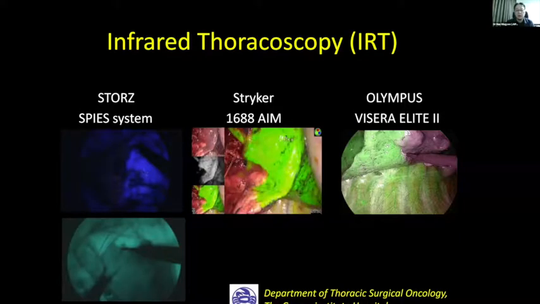There are some companies that produce infrared thoracoscopes: Storz, Spies system, Stryker, and Olympus. And in addition, we can use this system in robotic surgery. The robotic da Vinci Xi can use this ICG technique.